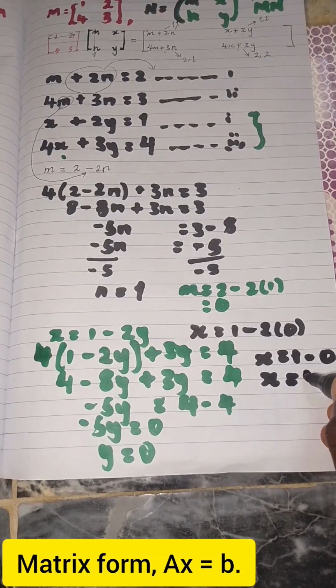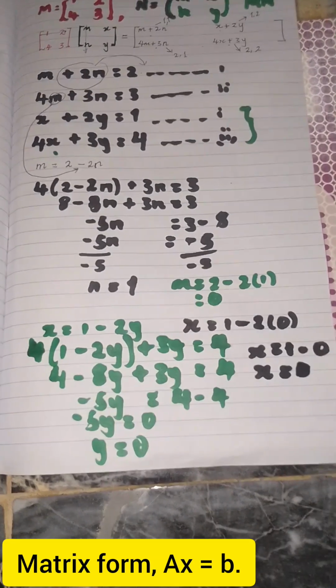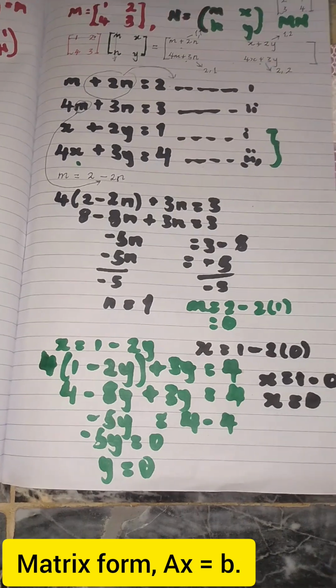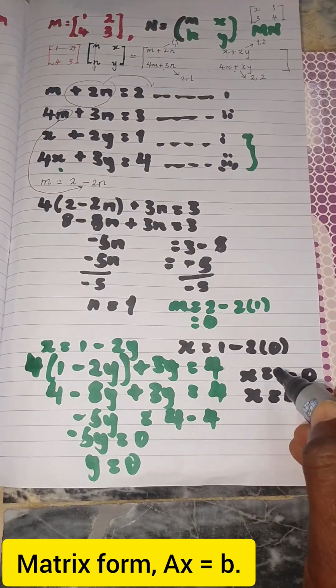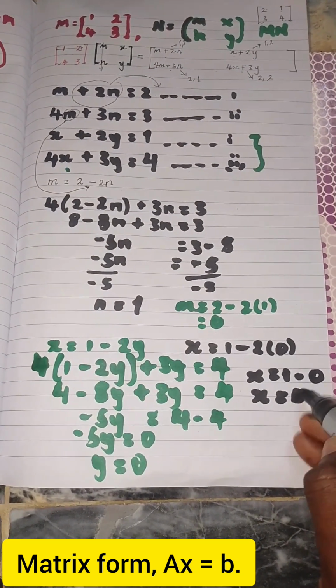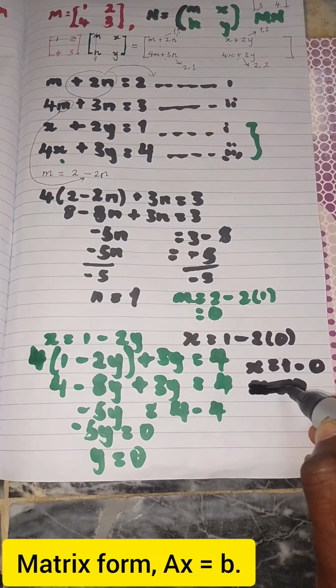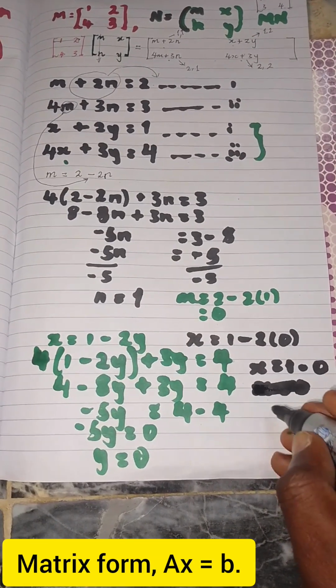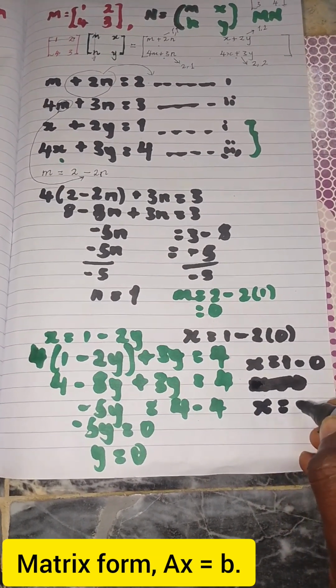Oh no, not 0. So x will be equal to 1 minus 0, which is 1. So x equals 1, not 0. y is 0, x is 1.